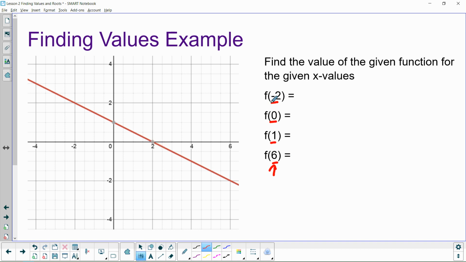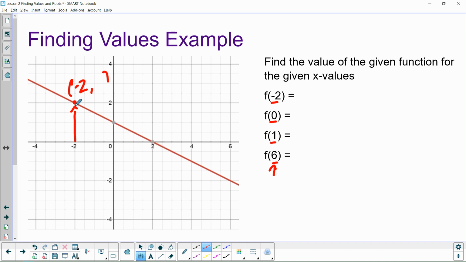So if we start with f of negative 2, you want to go to negative 2 on the x-axis and then figure out how high up is the graph right there. Or another way we could say it is, what's the ordered pair when the x is negative 2? What's the y value of the graph there?